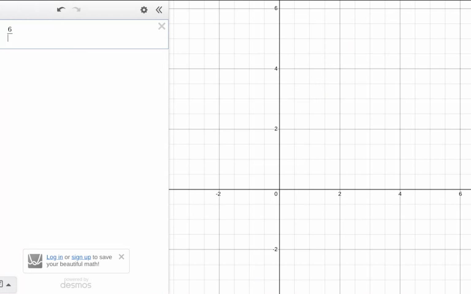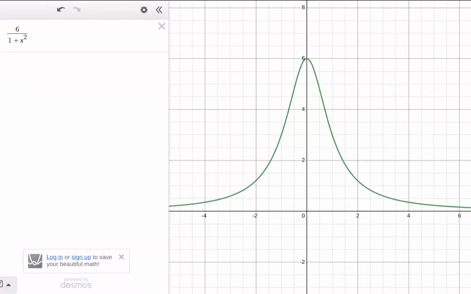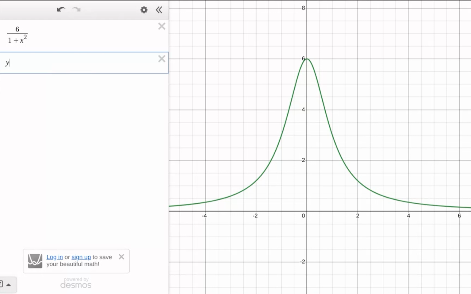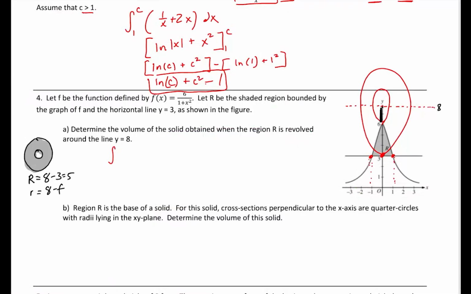So 6 over 1 plus x squared looks like that. And then we have y equals 3. Okay, so we're looking for those points of intersection. Oh, works out super nicely, negative 1 to 1. How about that? So we'll go from negative 1 to 1.